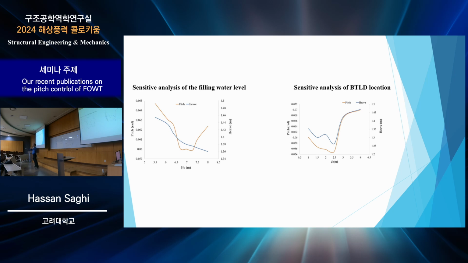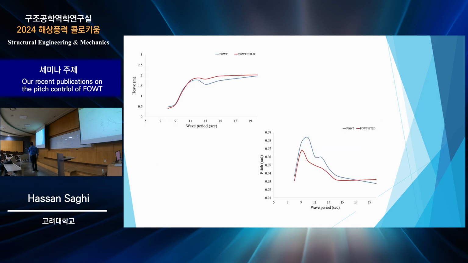So first, we defined different geometries for the BTLD, and we found the optimum dimension or geometry, and also the optimum buffer height, and then the optimum water level and optimum location. After finding the optimum case, here we modeled the suggested geometry for different wave periods.